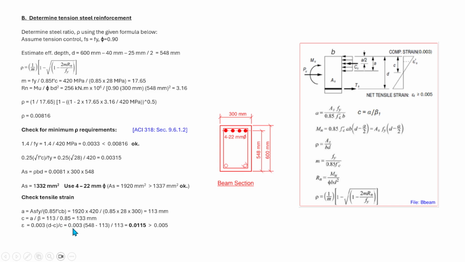So that is equal to 0.003 times 548 minus 113 over 113, that is equal to 0.0115, which is greater than 0.005. Which means tension control. So our assumption of Fy and phi is correct.